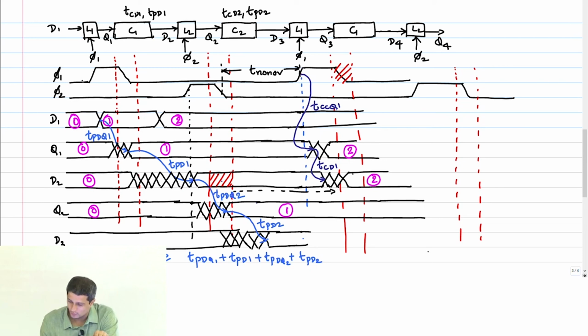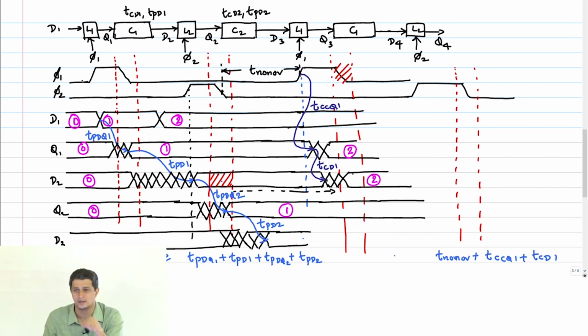Okay, so we have one thing. Let's write it. Going from this clock edge all the way to this delay, I have a delay of T non-overlap plus T CCQ1 plus T CD1, right?